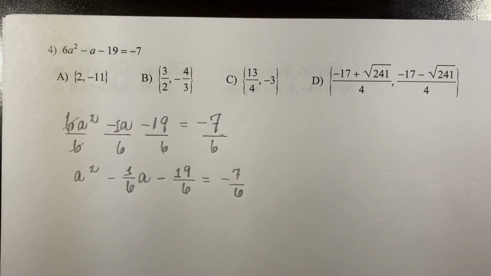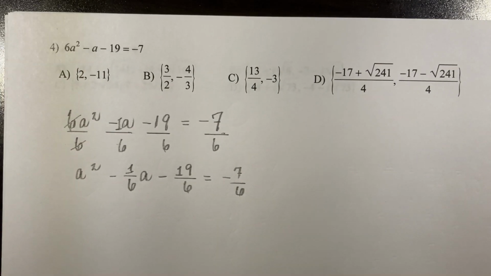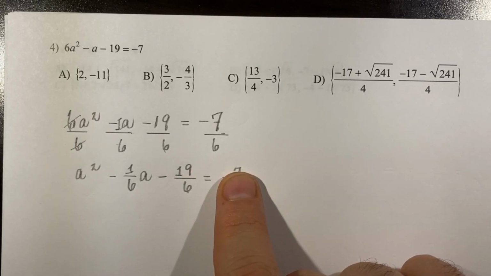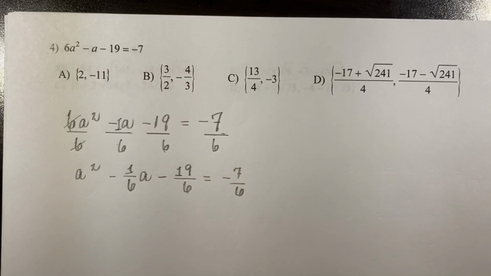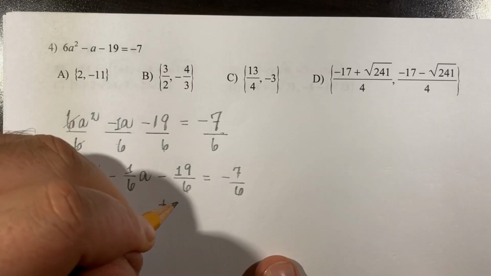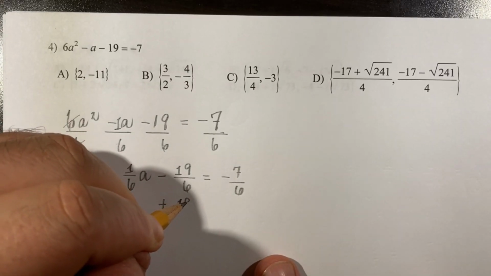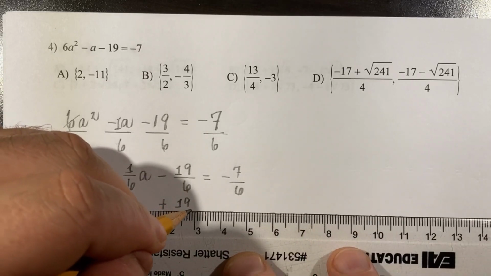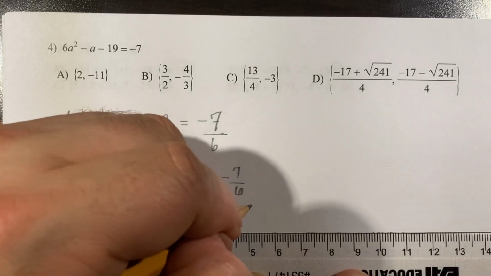And so what do we do next? We've got to remember, we just got to move this over here. Get that -19 moved over so it's plus 19 over 6 on both sides.